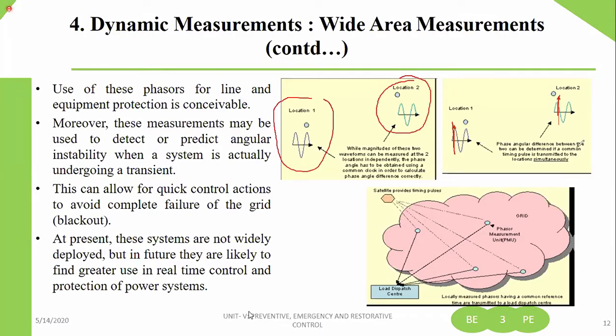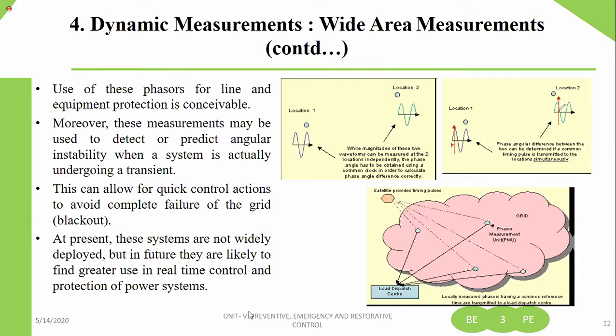The phase angular difference between the two can be determined if a common timing pulse is transmitted to the locations simultaneously. So in location 1, you see here, at this time it started transmitting, and location 2 at the same time started like this.